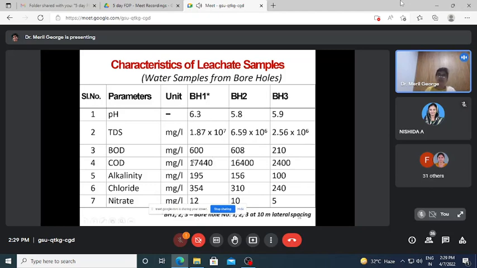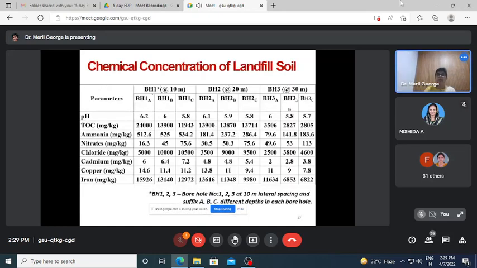So you can see that borehole 1, borehole 2 and borehole 3 are spaced at 10 meter lateral spacing, and these boreholes were taken up to a depth of 1.5 meter, because the water table was found within that depth. And this is the chemical characteristics of leachate samples, that means the water sample collected from those boreholes.